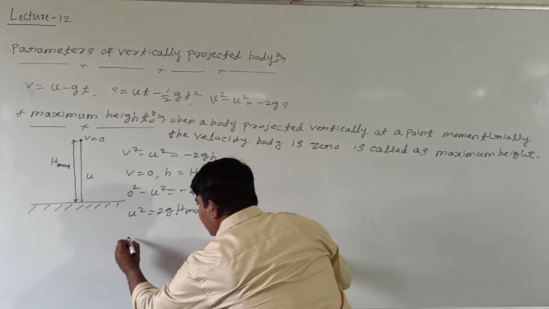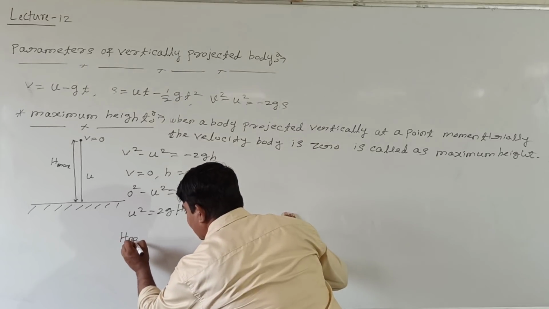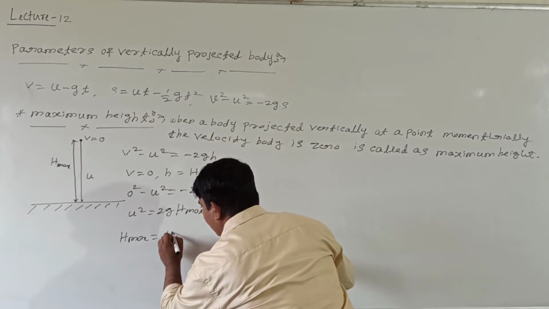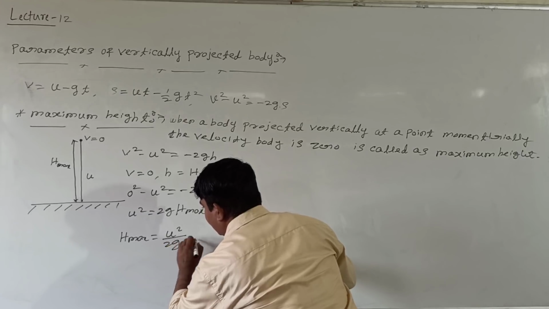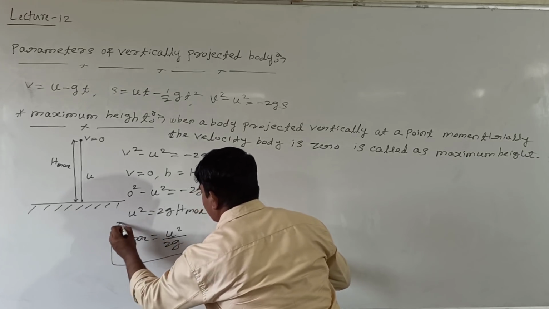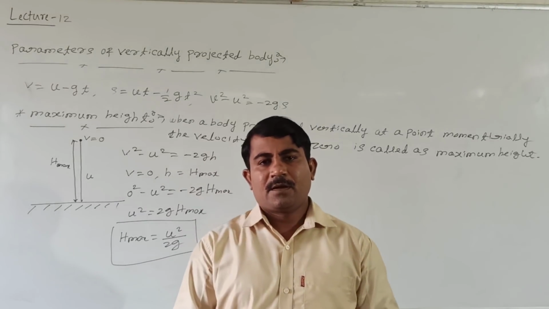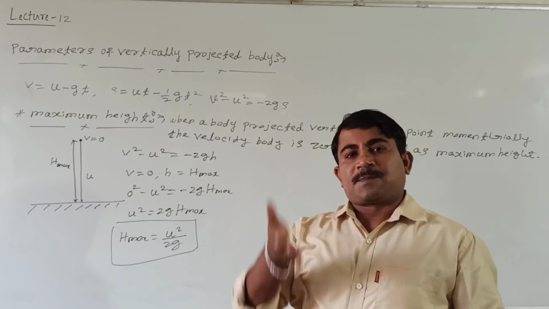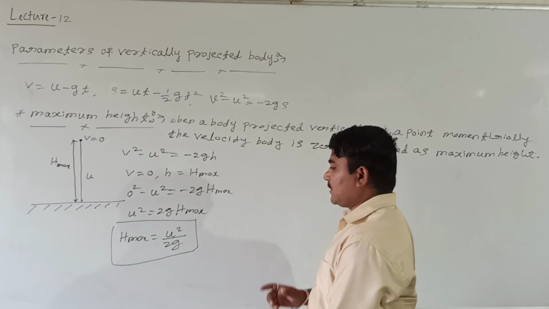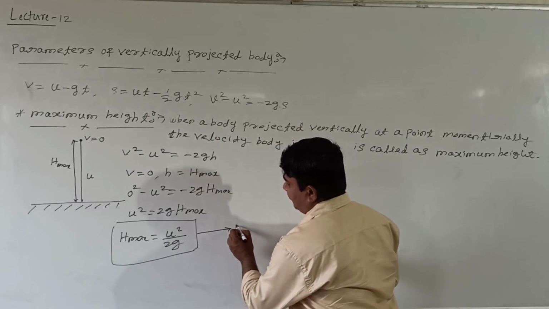So h maximum is equal to u square divided by 2g. See here, when a body is projected upside, its maximum height can be calculated by this formula.